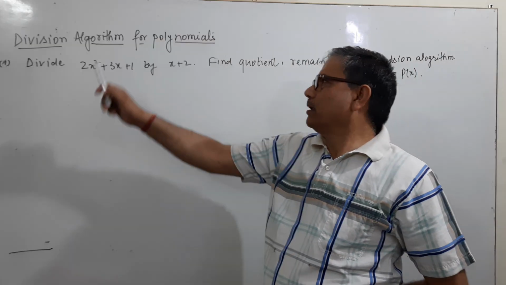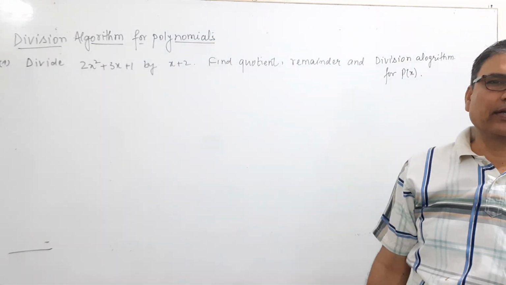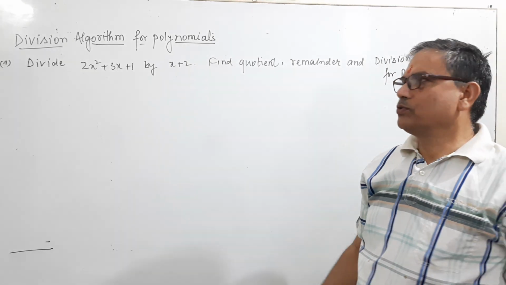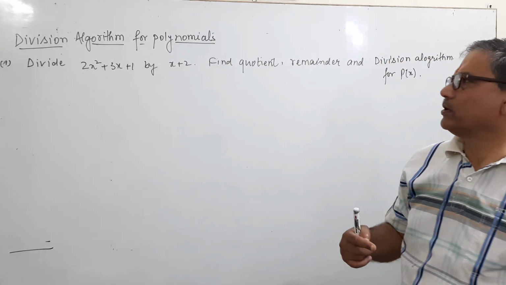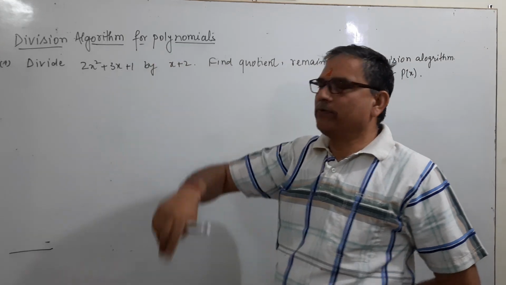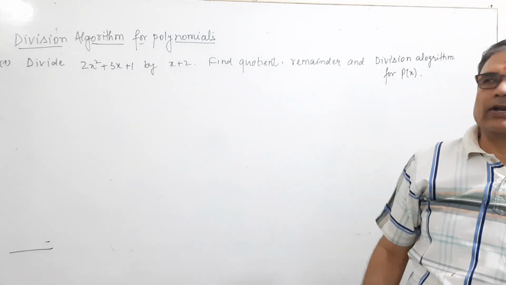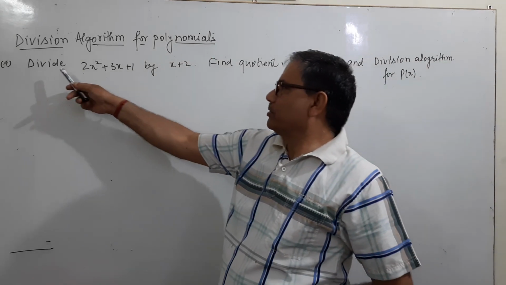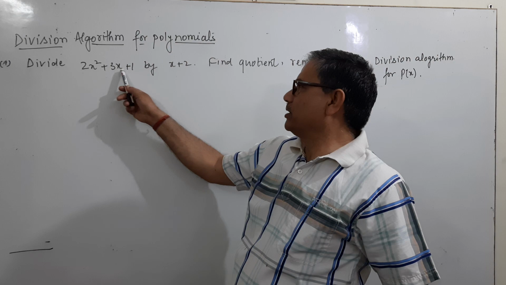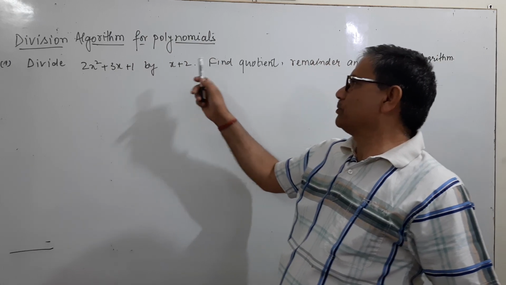Division, you know it very well. An algorithm is a process or method used to solve a question. First question: divide 2x square plus 3x plus 1 by x plus 2.